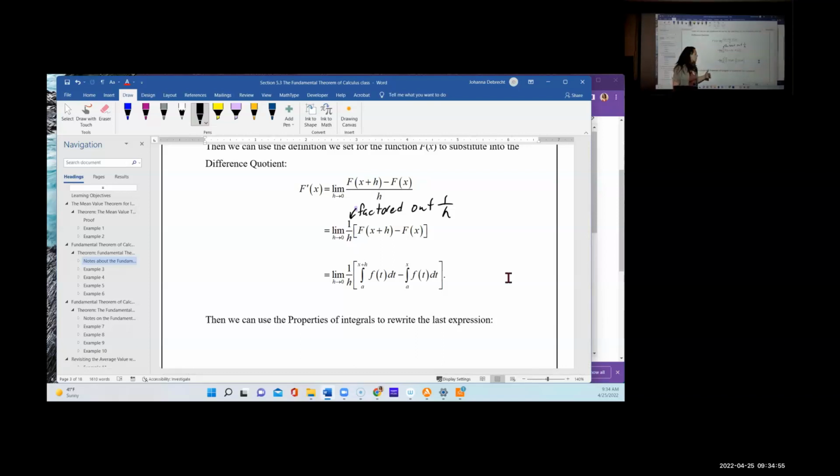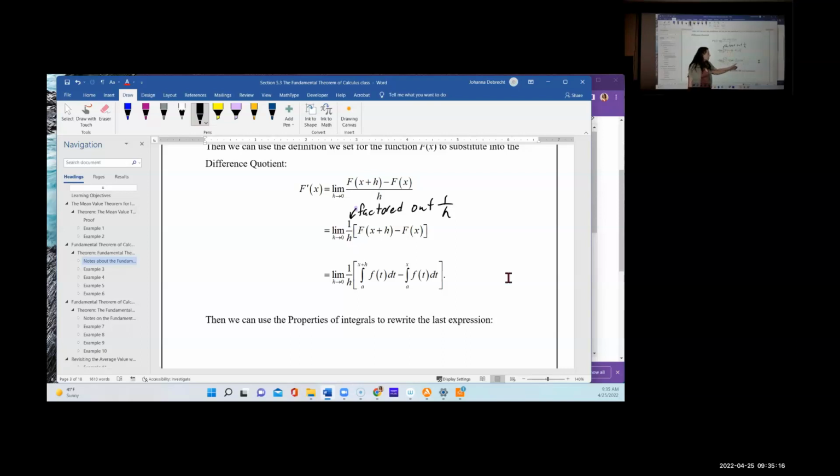Remember, we defined uppercase f of x to be that definite integral that goes from some constant a up to x plus h, in the case of f of x plus h, of f of t dt. So the upper limit of integration matches what is inside of the function.